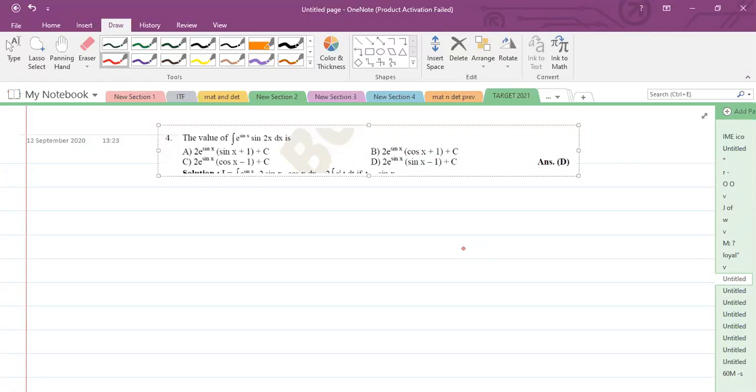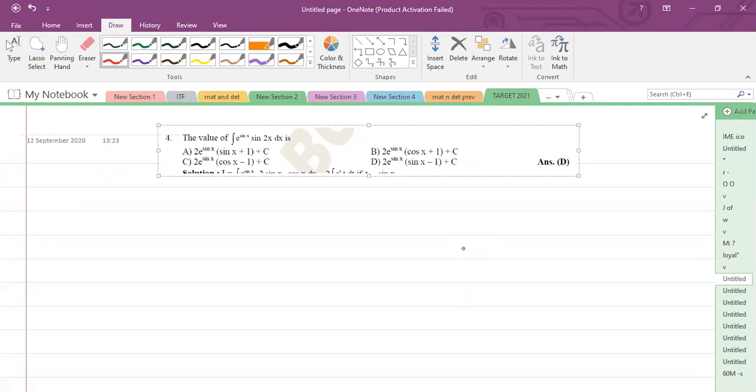For those students, the hint I'm giving now will be very important and very easy also. If the question is an indefinite integral, then simply differentiate the options.